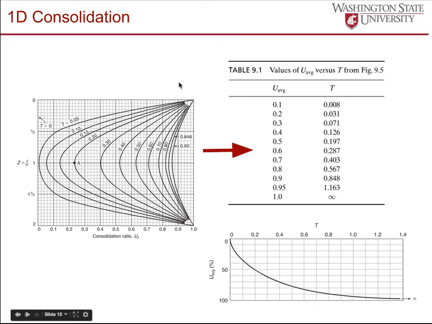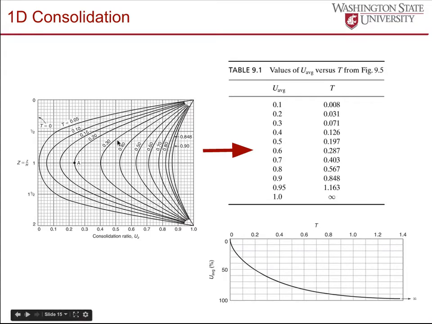So the last thing to note for this brief little lecture is that this graph represents, at a given depth, how much is already consolidated. You can see that areas closest to the drainage surface, with a permeable surface on top and bottom, and furthest away from the middle of the drainage path, are going to be the portions that are consolidated first, and then this interior part here is consolidated last.